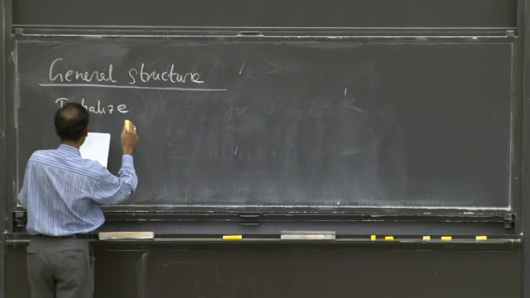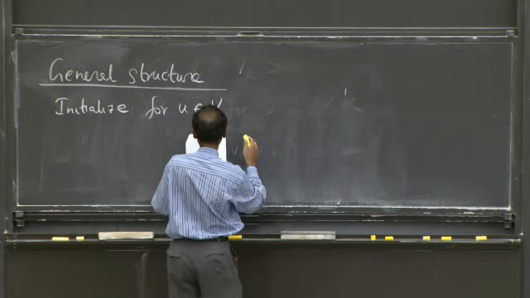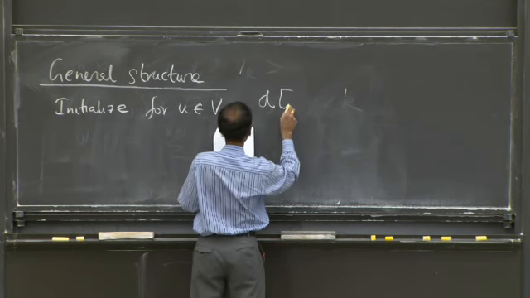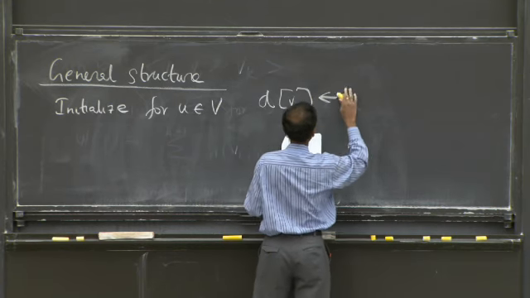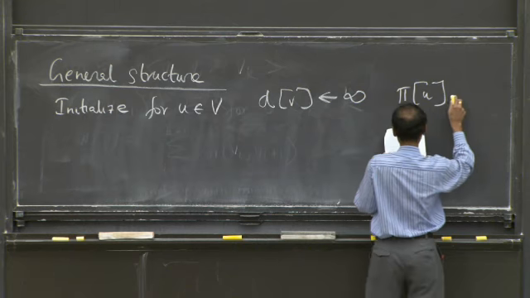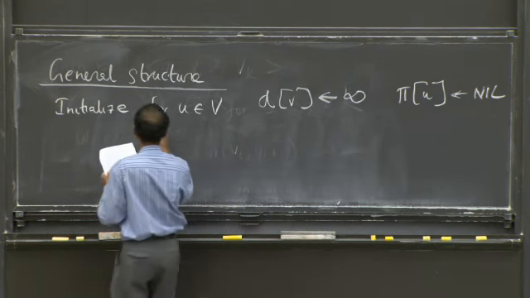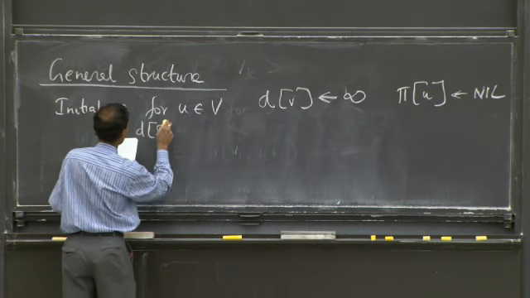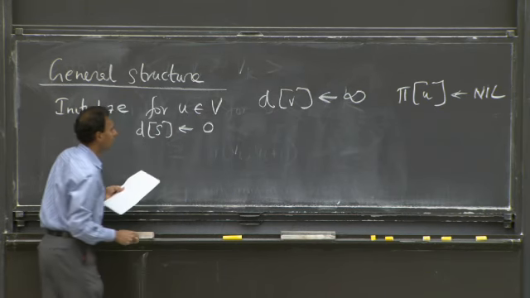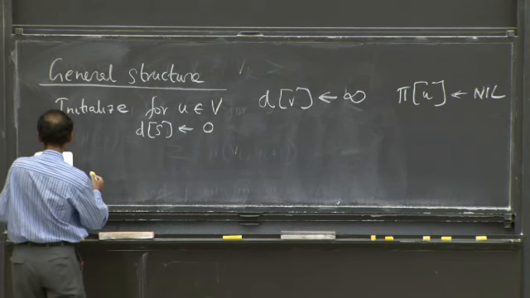We're going to initialize, for all u belonging to the vertex set, d of u to be infinity, and we set the predecessor to be nil. And then we'll set d of s to be 0. We're talking about a single source here. We'll set that to be 0.